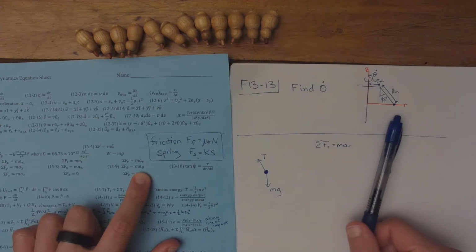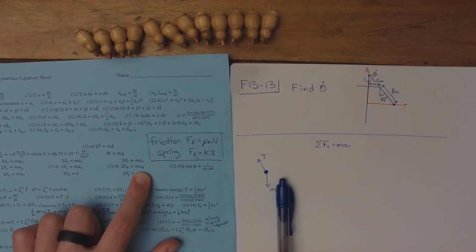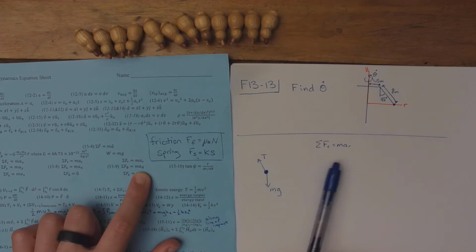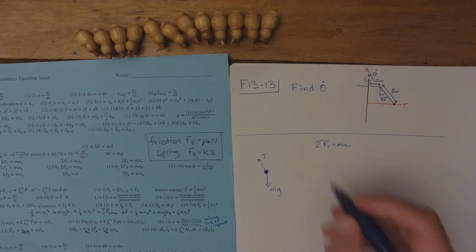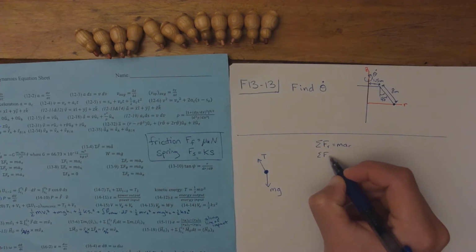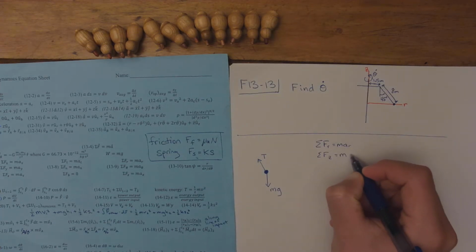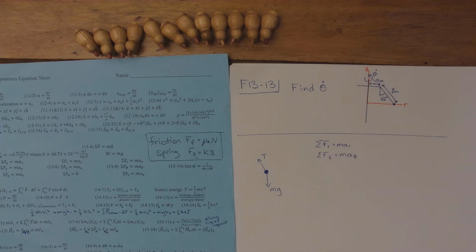I didn't draw the transverse direction on my diagram here because it would be going into the page. And there are no forces going into the page. There are no components of forces going into the page. So we're going to look instead at the sum of the forces in the z direction. That's equal to the mass times the acceleration in the z direction.